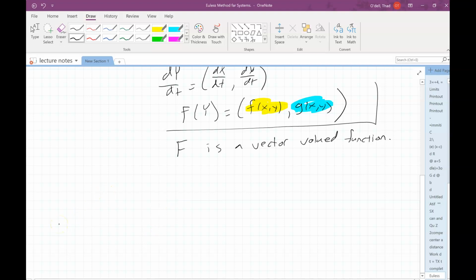Okay? So really, we could say that F of x comma y is a velocity vector.